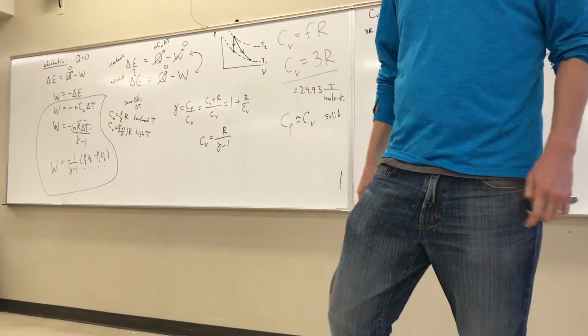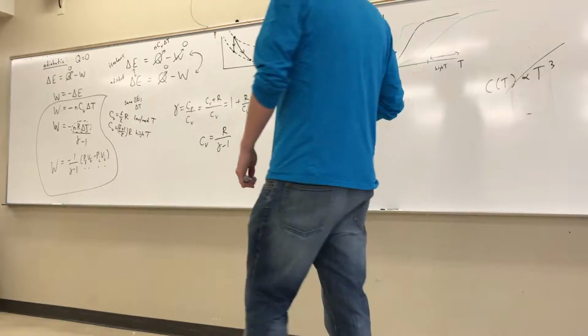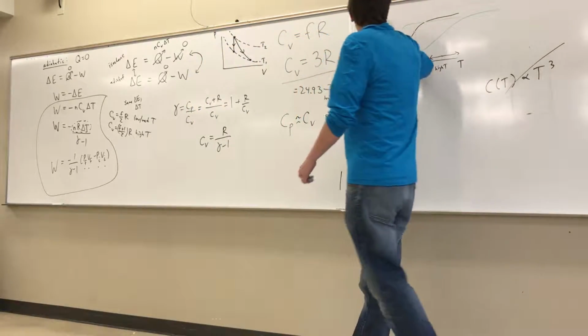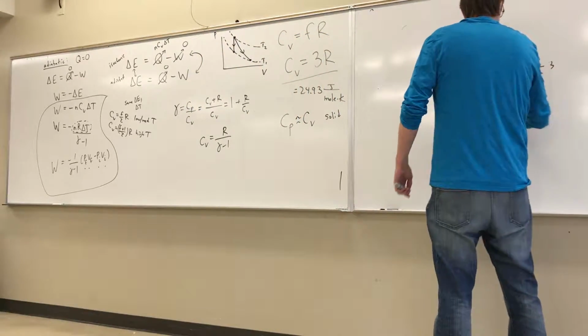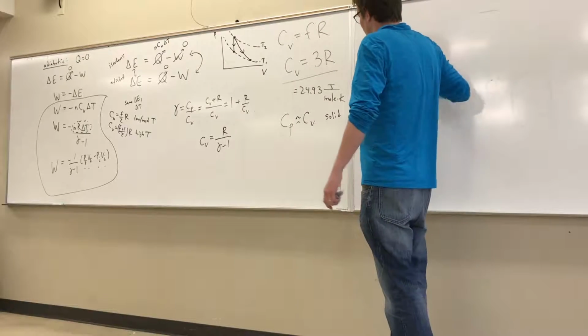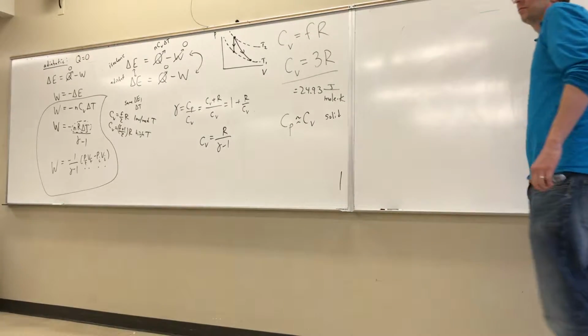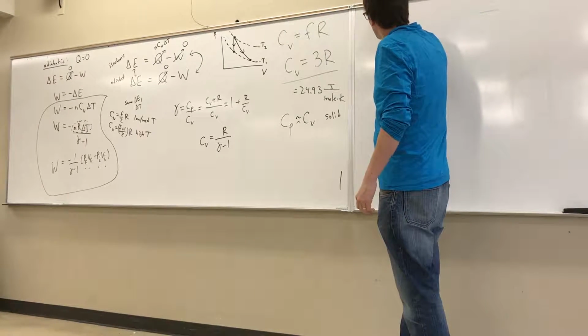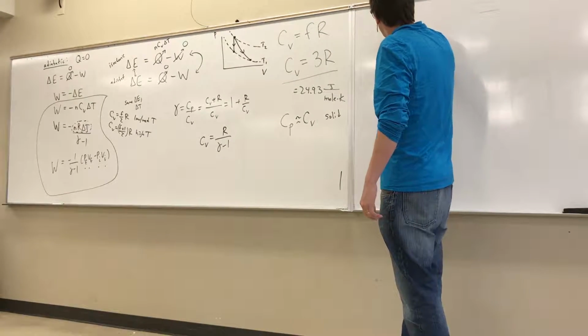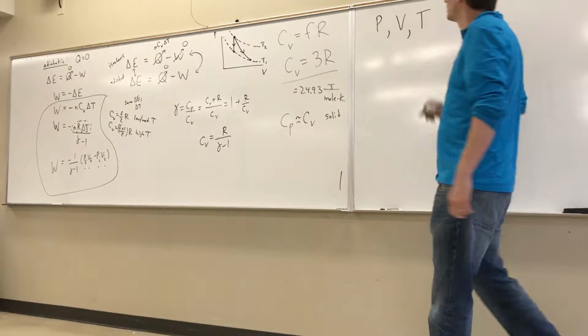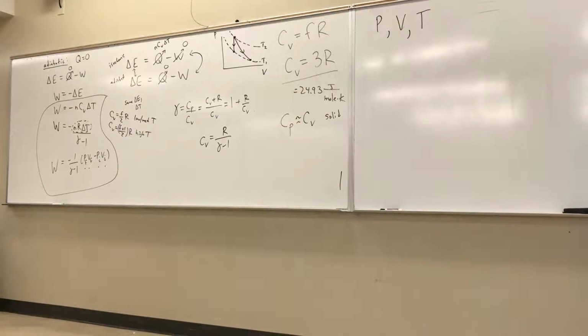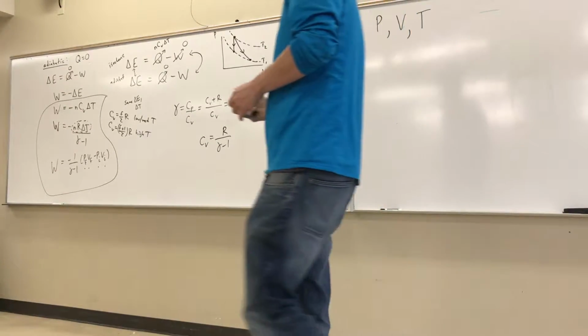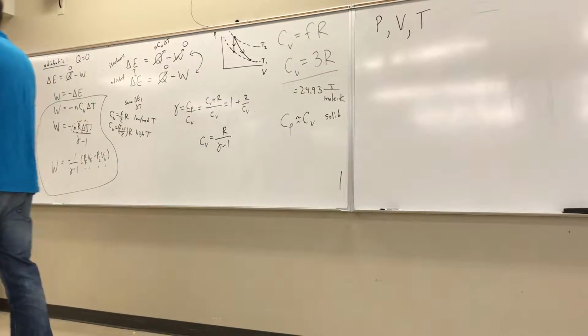There's your formulas, pick your favorite. And now we have to talk about what's conserved. So, of course, if we talk about P, V, and T, those are basically the three ingredients of the ideal gas law.